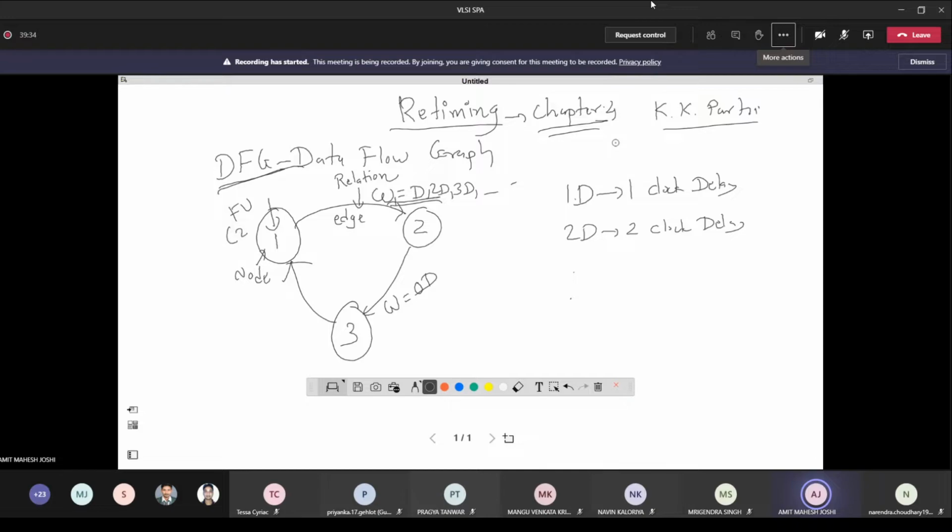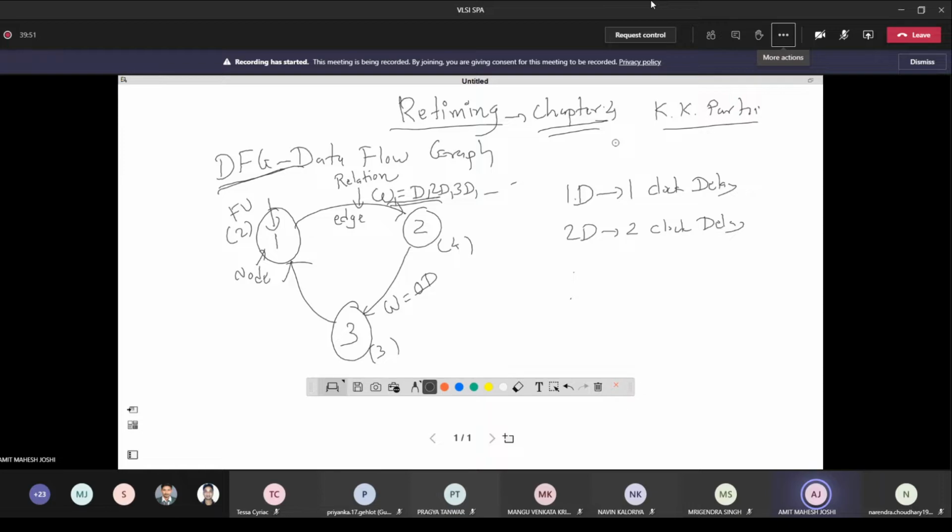When I write some value in round brackets, that represents the delay of this functional block. Similarly, every functional block has some delay. You will not find any functional block where there is no delay.